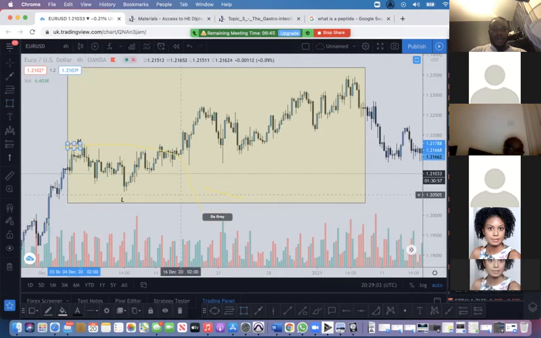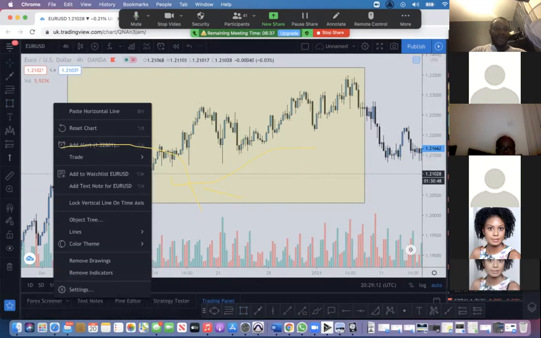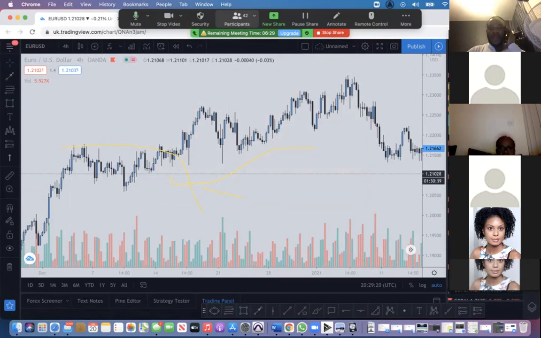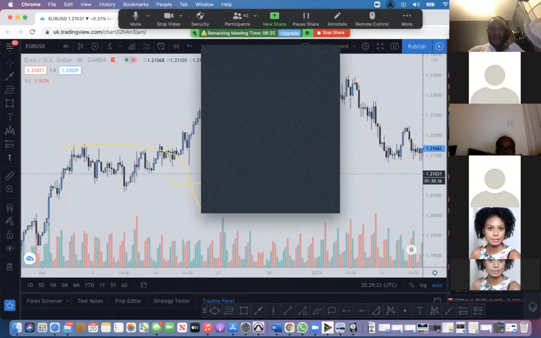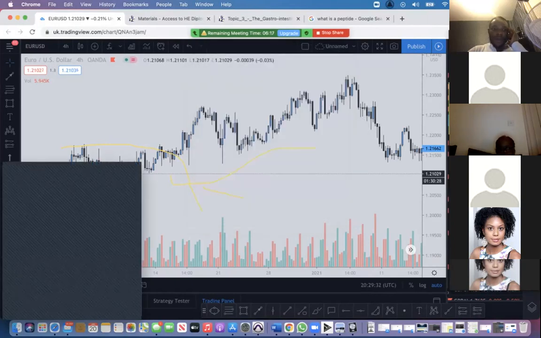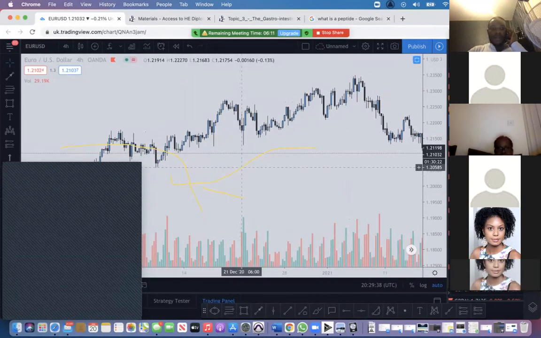Somebody's annotating my chart. Who is that? D Gray, can you please clear my chart for me? Somebody just annotated my chart. If it's you, can you please undo that for me? Okay, so let me just clean it, please. Does anybody know how I can remove the annotation?